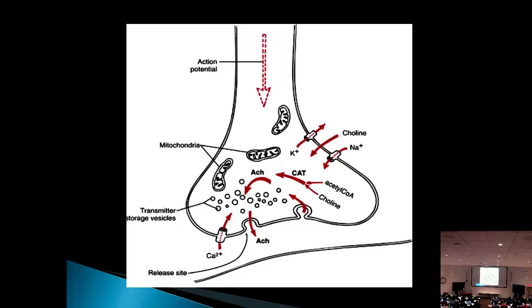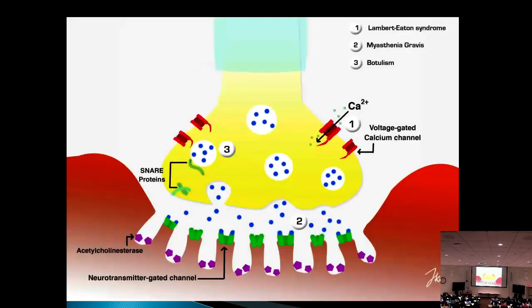Okay, so again, here are the voltage-gated calcium channels, and the acetylcholine here, it's worth reviewing what happens. How do these fuse with the presynaptic membrane, and how are they released? Because that's the key in understanding botulism. Okay, so three main things here. Two of them are presynaptic, so Lambert-Eaton syndrome is here, antibodies against the voltage-gated calcium channels.